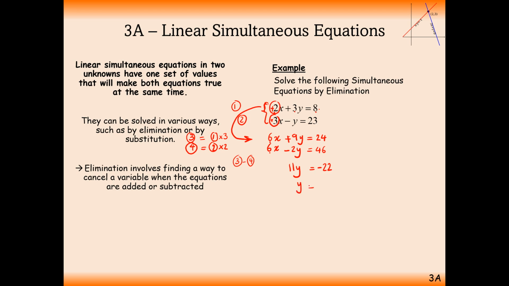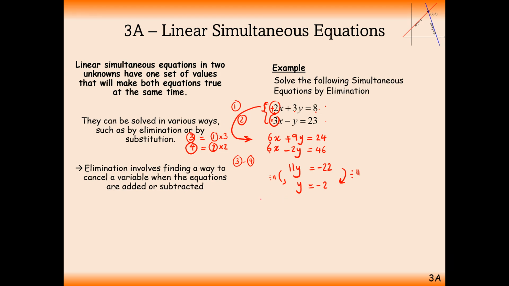Finally, dividing both sides by 11 will give us y equals negative 2. Now we've solved for y. We need to substitute this back into either equation. We could even use equation 1 or 2 to get the value of x.